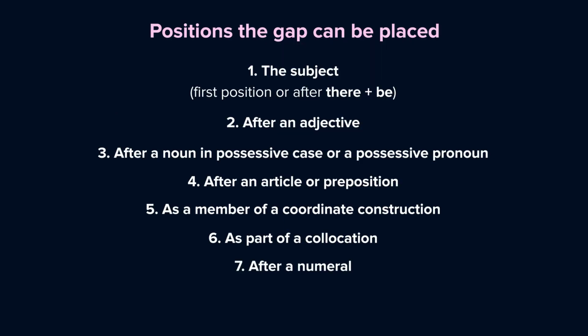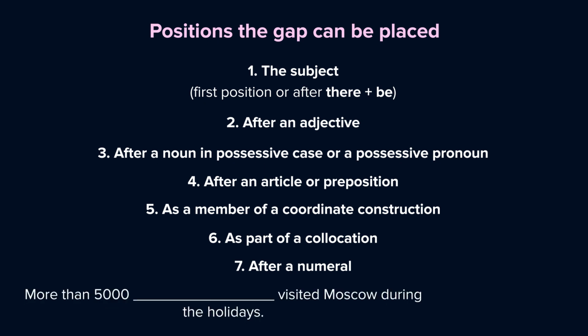If our gap is after a numeral and there is no noun after the gap, it's definitely a noun. Because what? Right, we can only count objects or people, and those are what nouns denote. "More than 5,000 visited Moscow during the holidays." 5,000 who? Tourists. Plural because, well, 5,000 can't be singular.